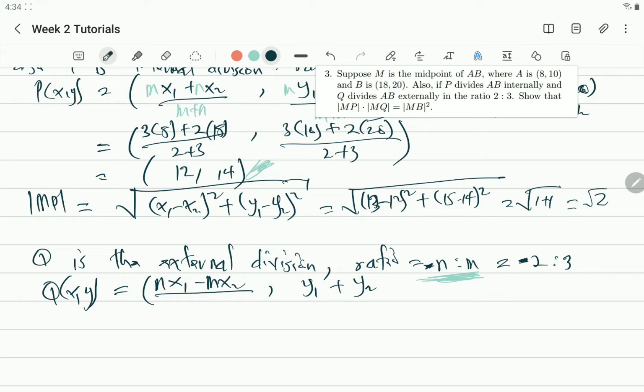I divide it by, sorry, it's actually -m. I divide it by the 2, so the summation is actually, to be sure, you can even make it as -n plus m, which is the same as m minus n. So anyhow you put it is correct. So I come here, I apply the same approach.